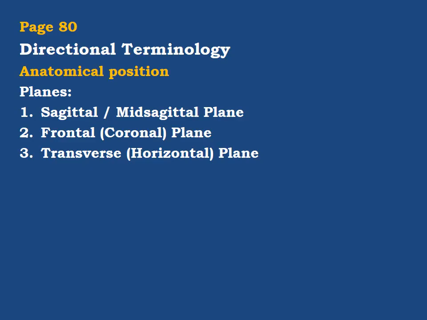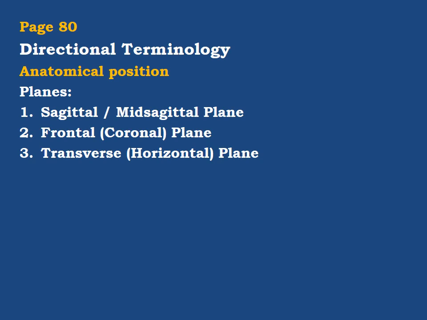Now here again we have the summary. As you can see, the planes, the types of planes. We have three types of planes. We talked about sagittal, mid-sagittal, all right? So either sagittal, which cuts the person into two parts, but not necessarily identical, and the two parts would be one left and the other one right.